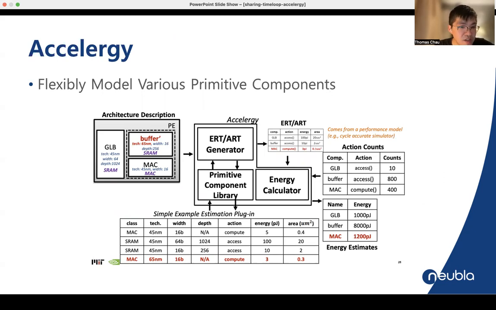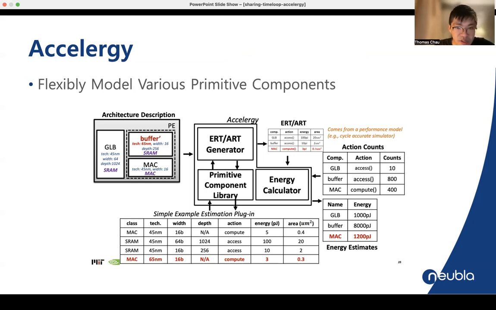Accelergy takes in architecture description in an object-oriented fashion, like buffer, MAC, SRAM type, MAC type, and so on, where each component belongs to a primitive class with associated actions. So for instance, GLB belongs to the SRAM class with the action of access.